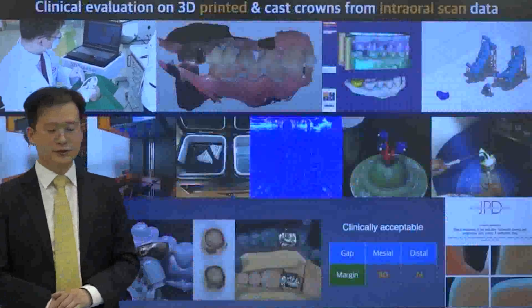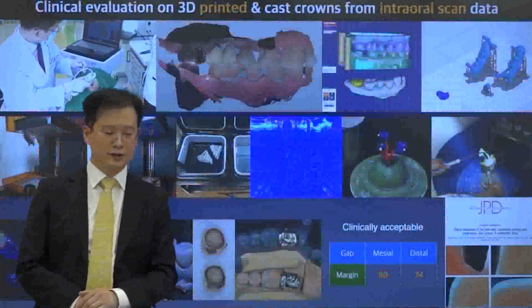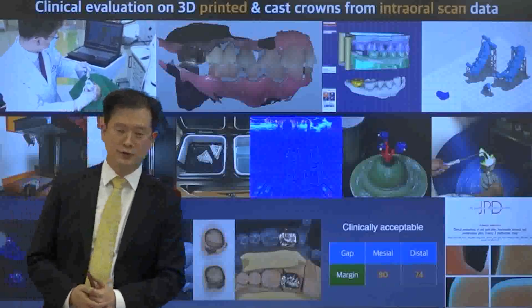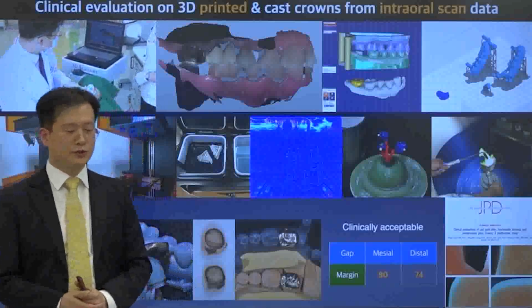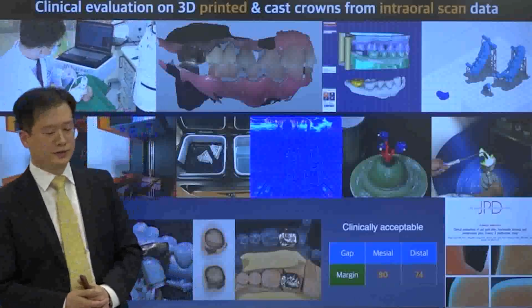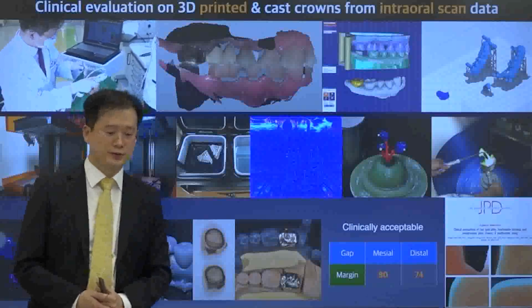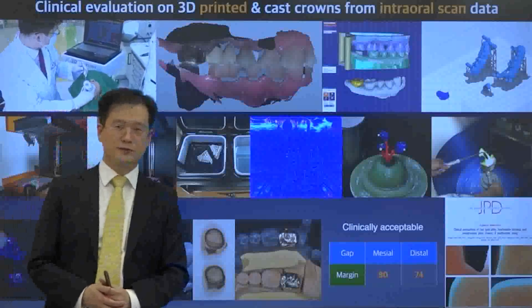In addition to the 3D printed working model from intraoral scan data, gold crowns are also produced by the lost wax technique after 3D printing into castable resin. If you want to use the casting method, the 3D printed crown can be burned out for the lost wax technique.